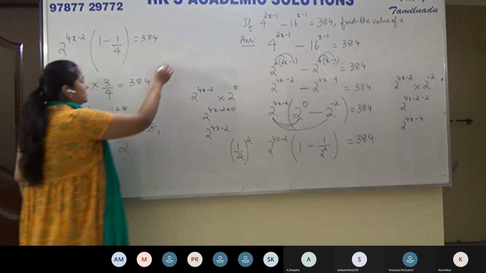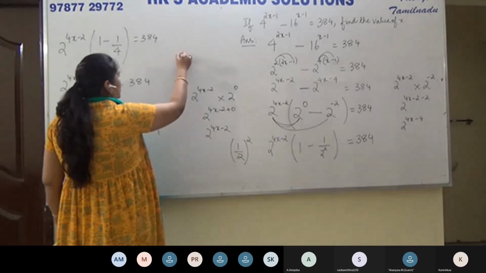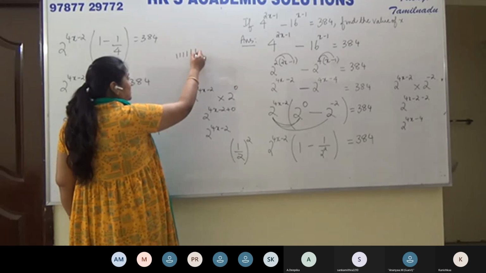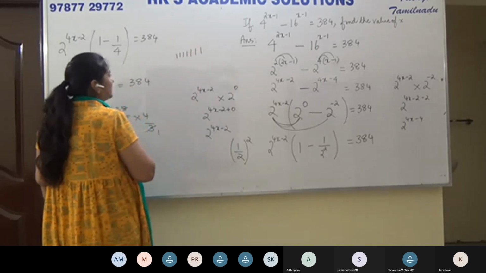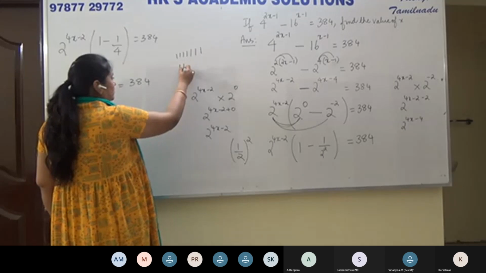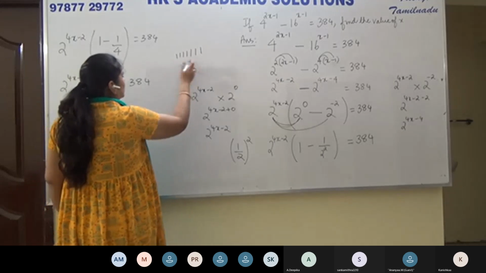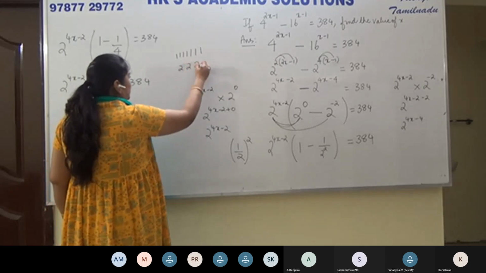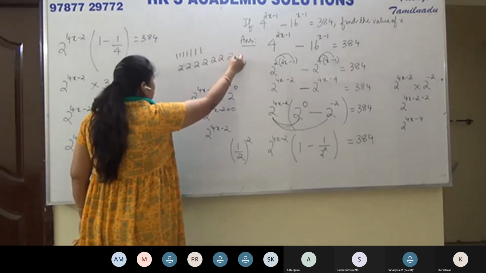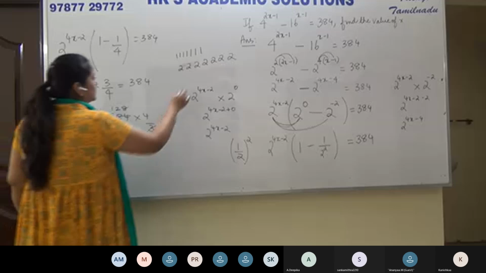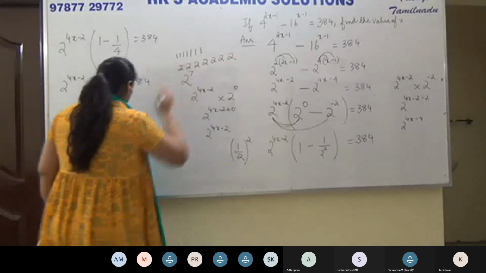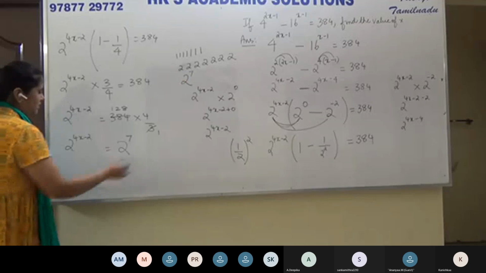Now 128, what is it? 2 2s are 4, 4 2s are 8, 8 2s are 16, 16 2s are 32, 32 2s are 64, 64 2s are 128. So it's 2 raised to the power 1, 2, 3, 4, 5, 6, 7. 2 to the power 7.